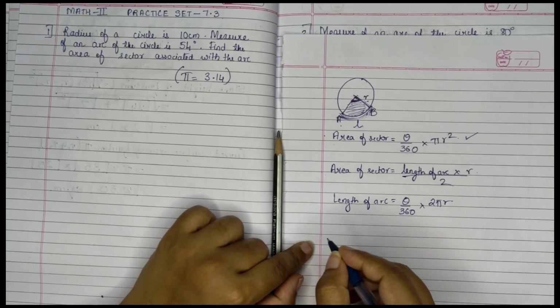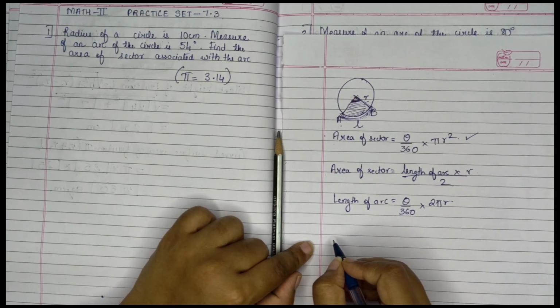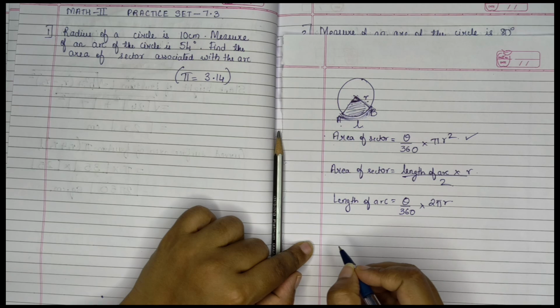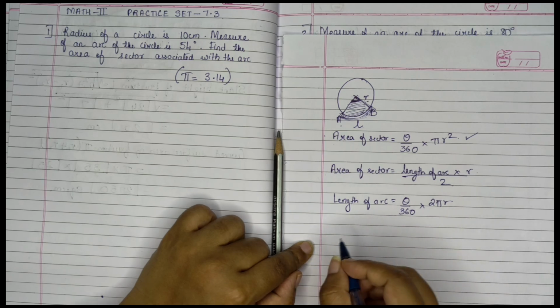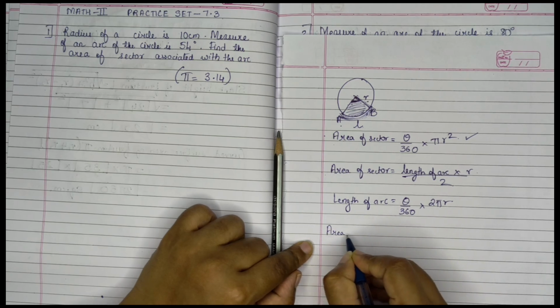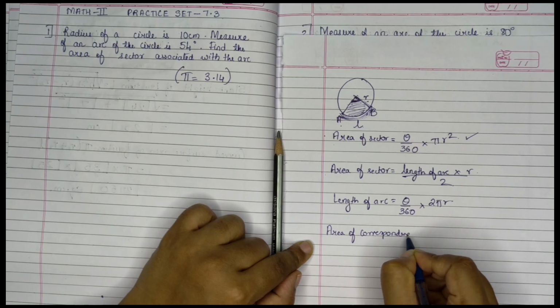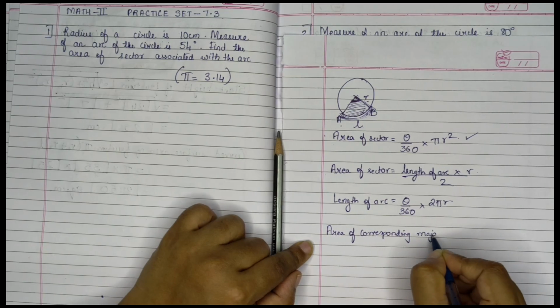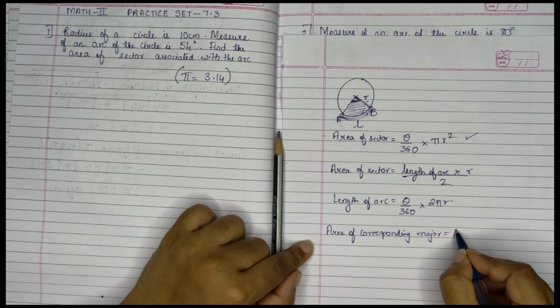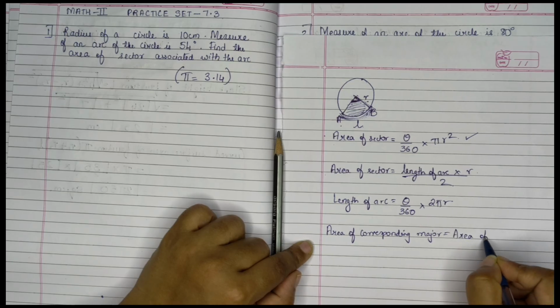Suppose if they tell you to find the area of the corresponding major sector. Major sector will be area of circle.